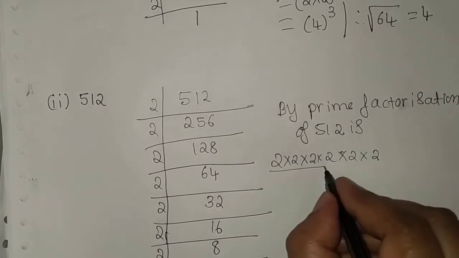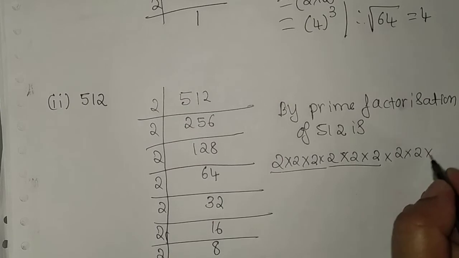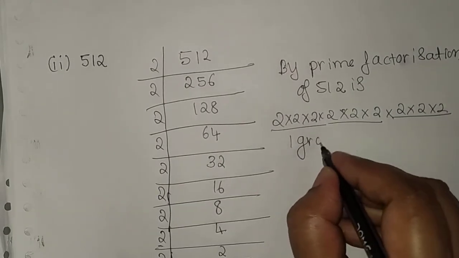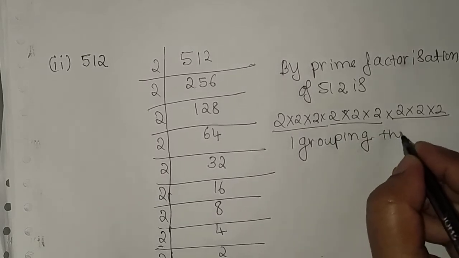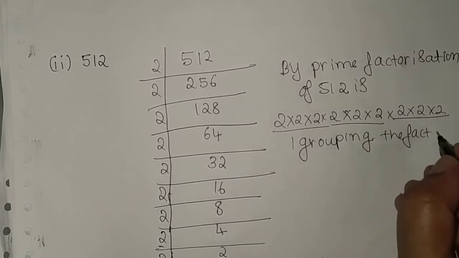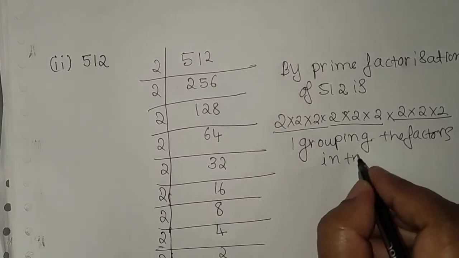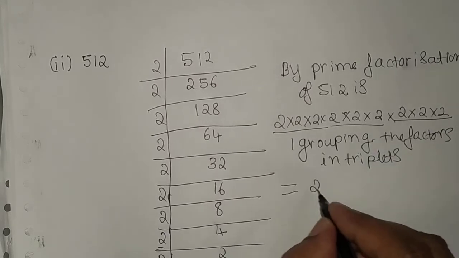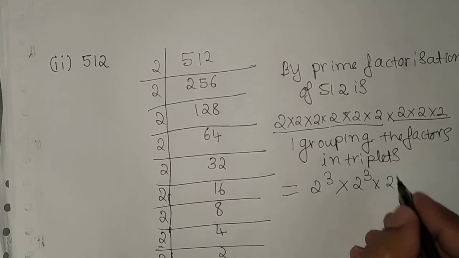Write by grouping the factors in triplets. Therefore we can write 2 cube into 2 cube into 2 cube.